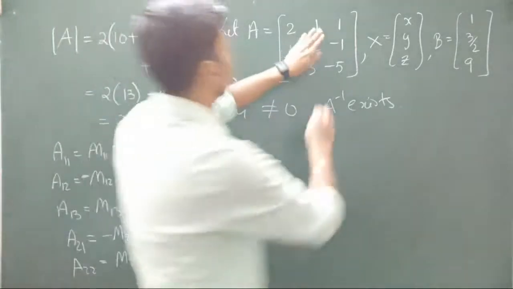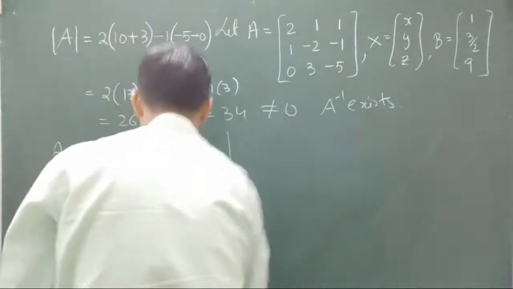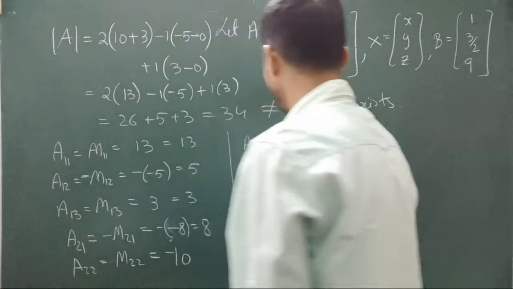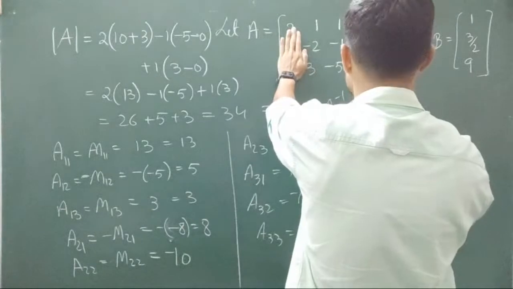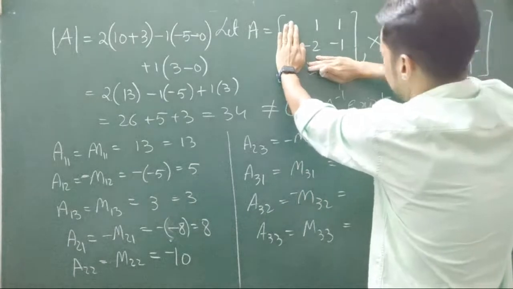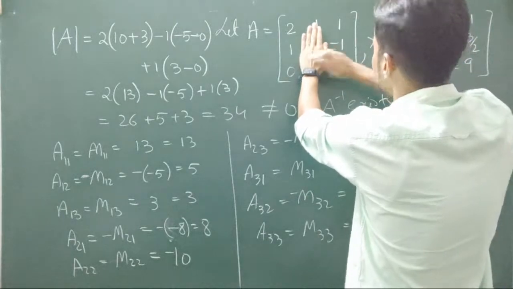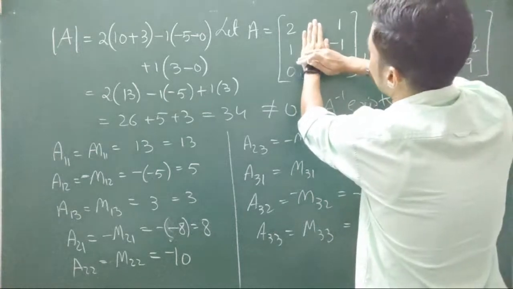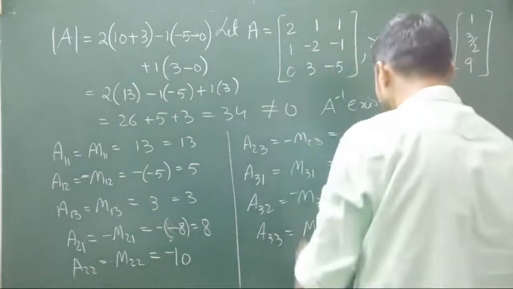M 2, 2. 2 5s are minus 10. M 2, 3 minus M 2, 3. A 3, 1 M 3, 1. A ones are minus 1 minus minus plus 2 1, isn't it? Minus 1 plus 2. M 3, 2. 2 ones are 2 minus 1 minus 3 minus of minus 3. 2 ones are 2 minus 1, yeah, minus 3, 3, 3. 2 twos are 4 minus 1 minus 5.